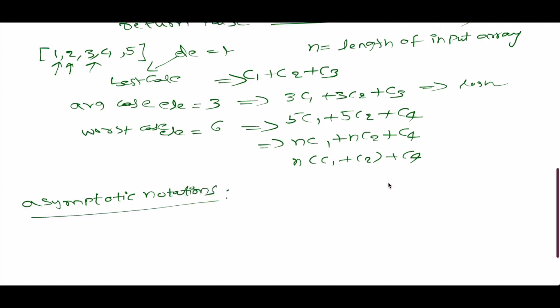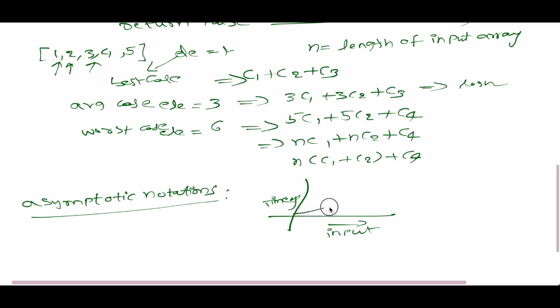And before that even, can we actually make a graph, where the x-axis will have input and this will have time, right? So let's see for the worst case. As we are increasing our input, the time is linear, right? So something like this.